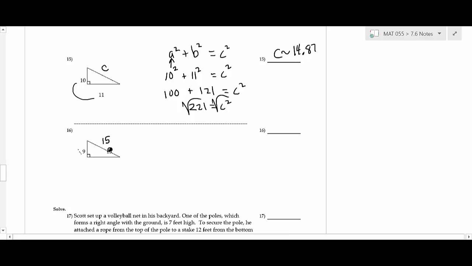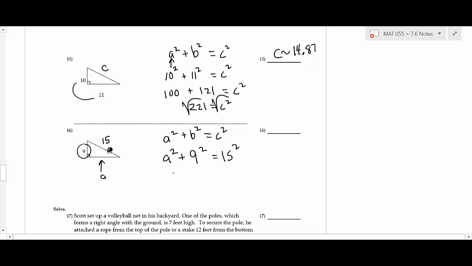Now on number 16, what are you finding? You're finding a leg, exactly. You can call that a or b, it doesn't matter. So a squared plus b squared equals c squared, you're going to have a squared plus that leg, 9 squared, equals the hypotenuse squared.